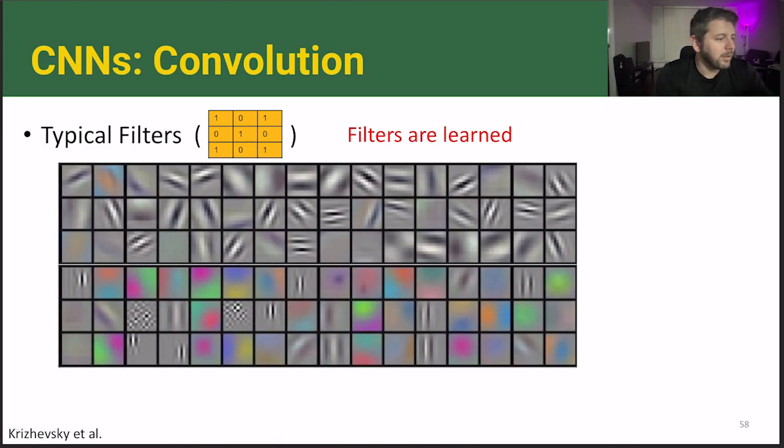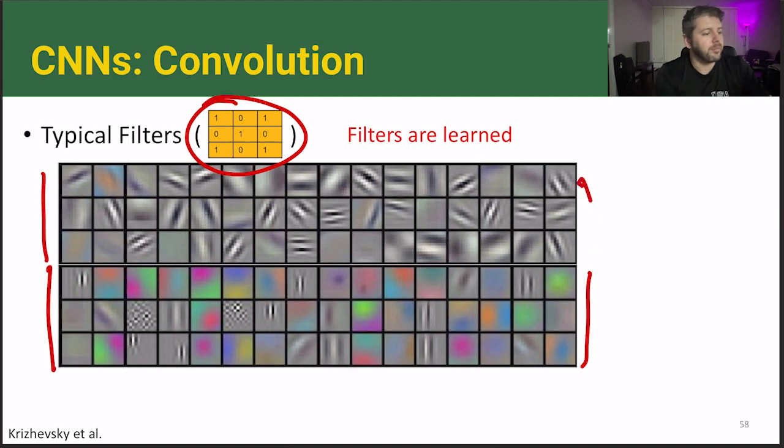So a typical filter might look something like this, and for color images in the bottom we can see a few here. We can also see some from the top, which are basic, low level CNN filters, which are detecting orientations of specific shapes.